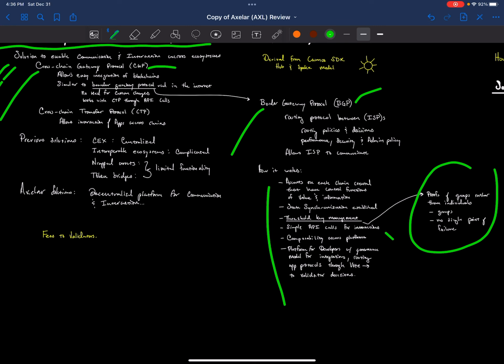It has simple API calls for these interactions so that there are libraries for coders to create these interactions to the services provided, or these interconnections between different blockchains.